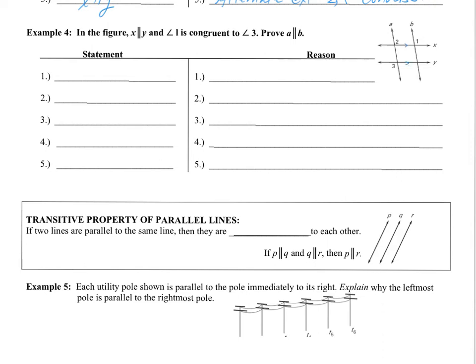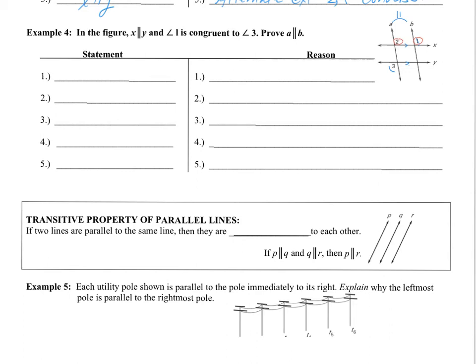And angle 1 is congruent to angle 3. Prove that line A and line B are parallel. To prove line A and line B parallel, I need to perhaps state that angle 1 and angle 2 are congruent with my given information.